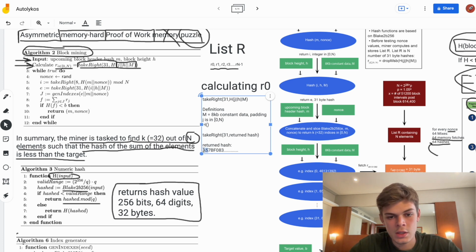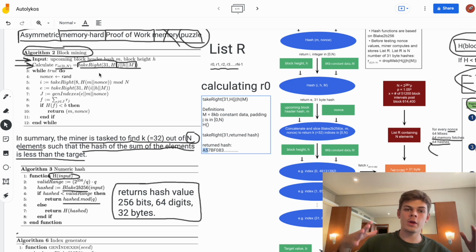As we mentioned, each of these digits is 4 bits, and 2 of these digits is 1 byte, because 2 times 4 bits is equal to 8 bits, and 8 bits equals 1 byte. So all you're saying here with take write is: take the 31 bytes on the right-hand side of the returned hash.